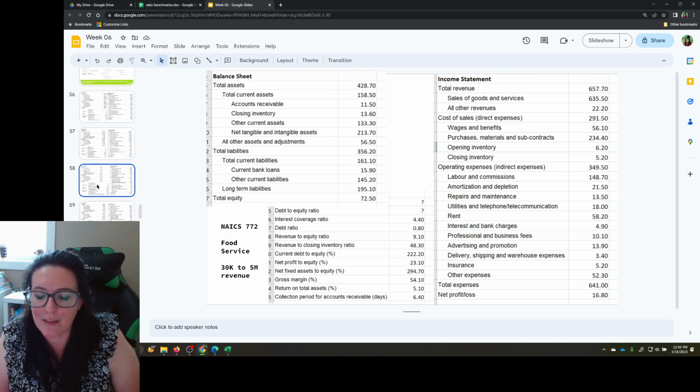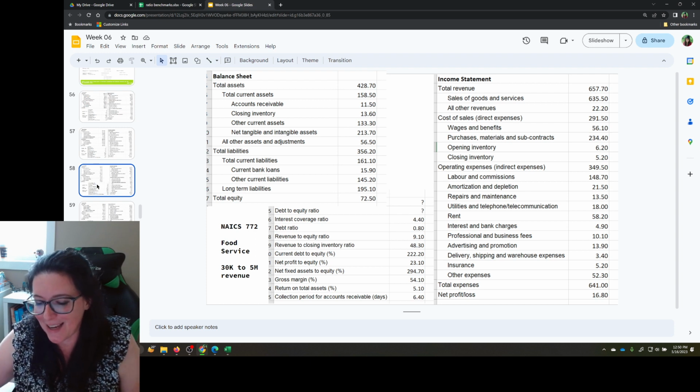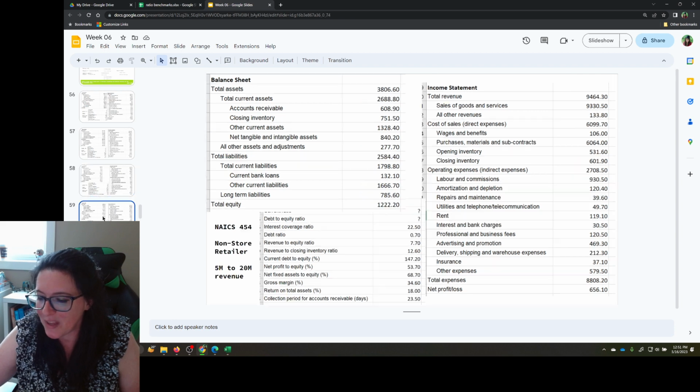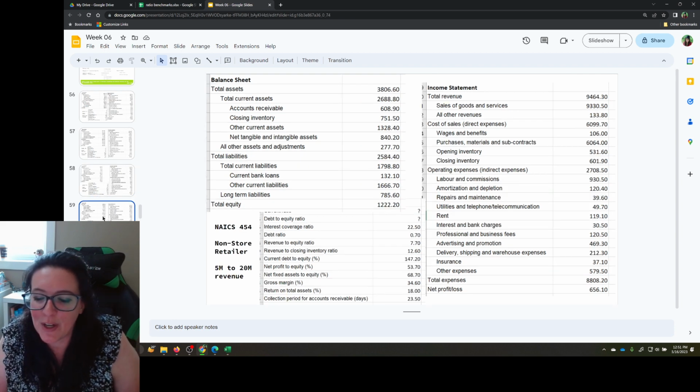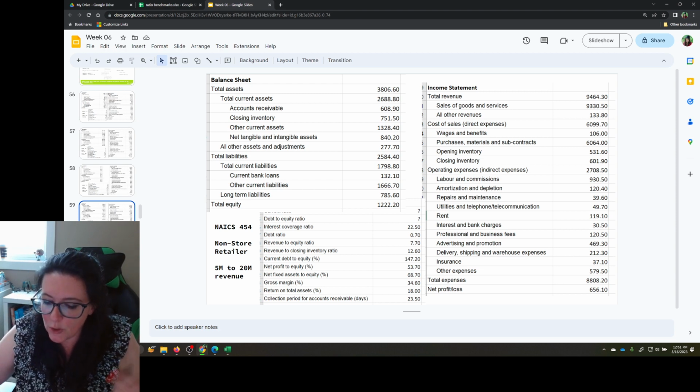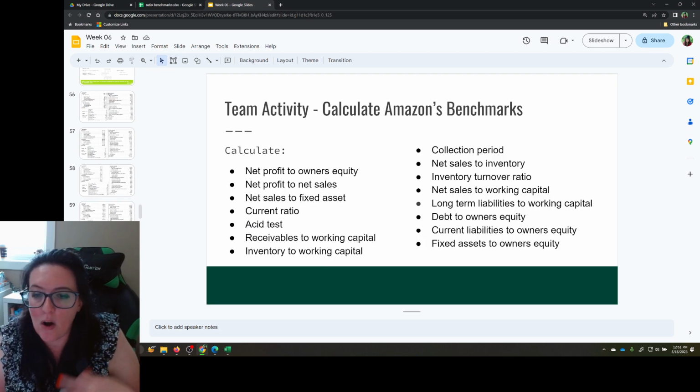And so we can compare that to our pop-up to sell cupcakes at the farmer's market. So how do we compare in terms of performance? And we're also looking at Amazon and doing the same financial ratios for Amazon, comparing them to their industry, which is the non-store retailer data that you see here. So you should be able to calculate all of those same financial ratios that we have just done.